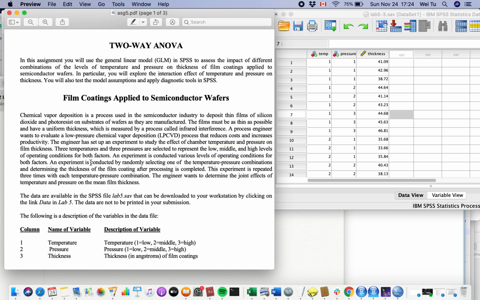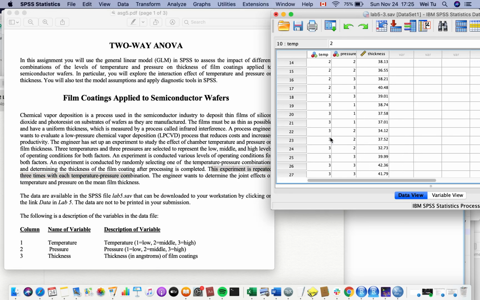The experiment is conducted by randomly selecting one of the temperature-pressure combinations. For temperature, we have 3 levels: low, medium, and high. Similar for pressure. So we have 3 times 3, 9 combinations. For each combination, the experiment is repeated 3 times, so we have 3 times 9, 27 observations.